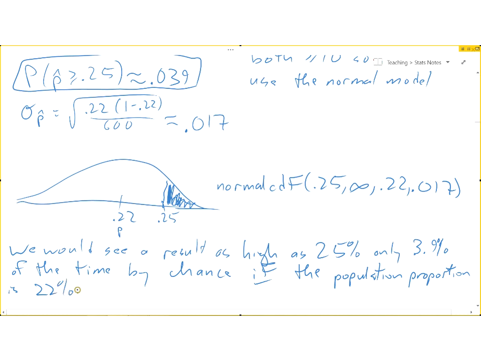All right, well, then you have to decide, is that an unusual enough event for you to say that I think the proportion is actually now higher than 22%? In this case, we might say yes.